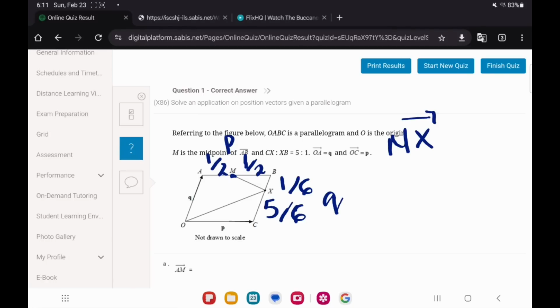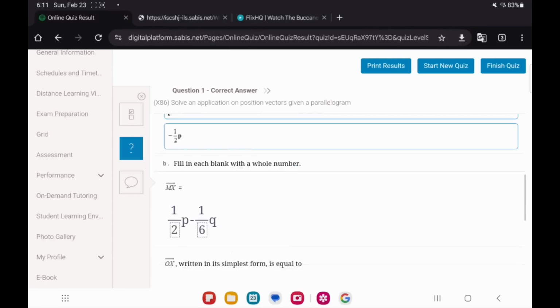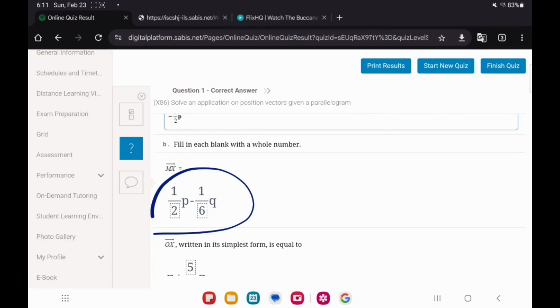From the given, we can see that MB is half of P minus BX, which is 1/6 of Q. So 1/6 of Q. And that is our answer. If you don't trust me, here it is.